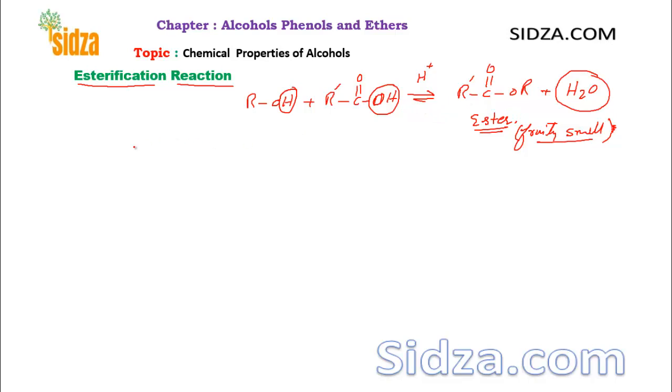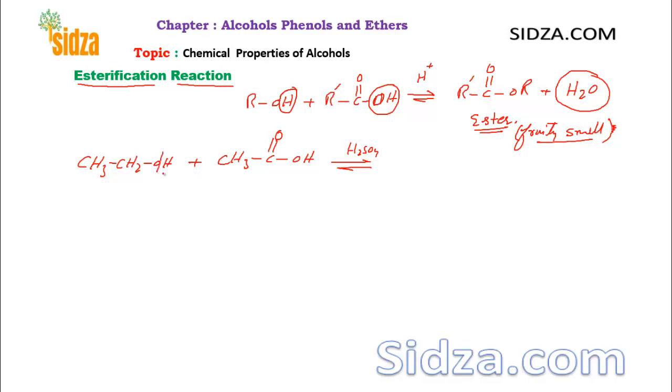Okay, so let's take an example. If you take CH3CH2OH, ethanol, with acetic acid, CH3COOH here, right? So in the acidic medium, when you add some sulfuric acid, what will happen here?